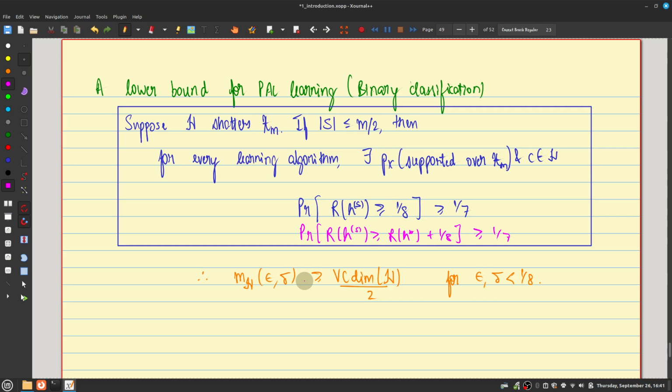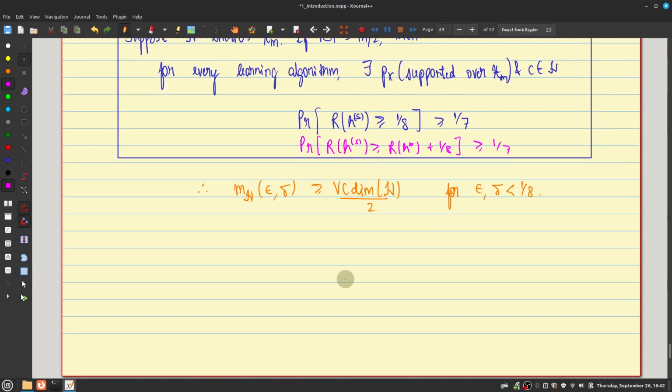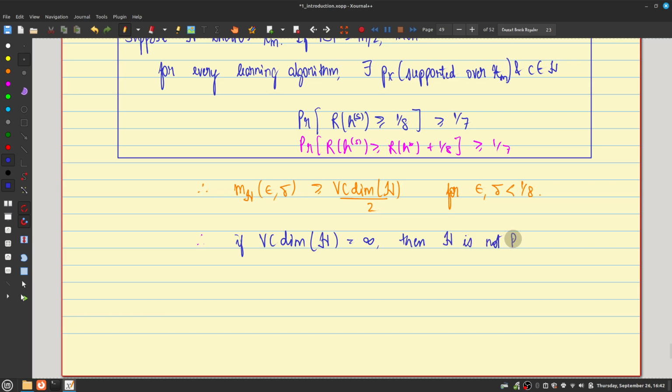But what it directly tells us is that if the VC dimension of h is infinite, then the sample complexity cannot be finite, and therefore this particular hypothesis class is not PAC learnable. And if it is not PAC learnable, it's also not agnostically PAC learnable.